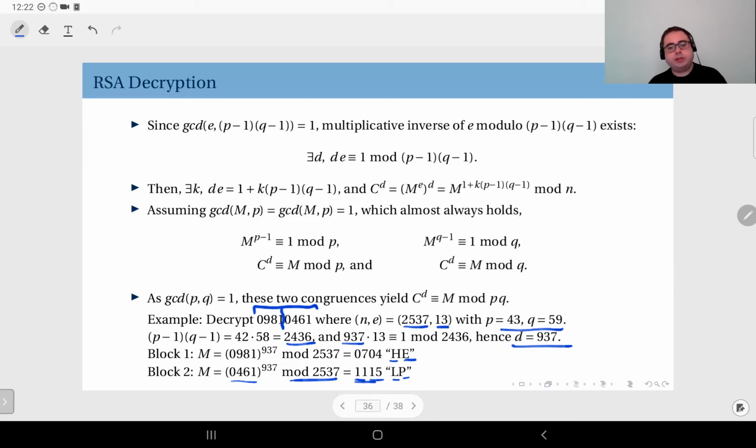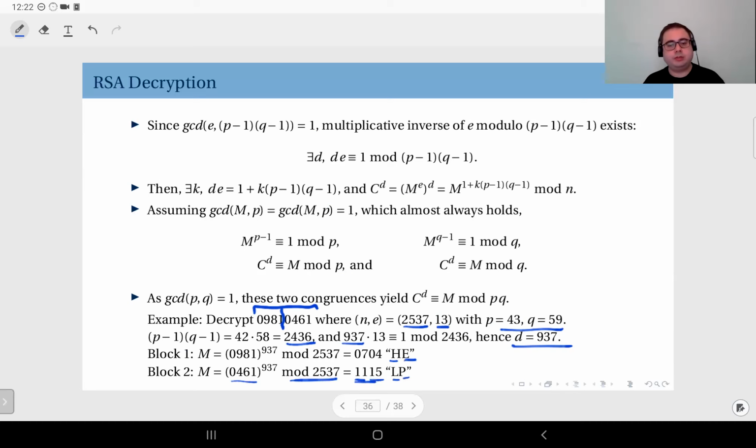Now, it looks like we have decrypted this quite easily. So what is the point of this? The point here is you announce N and E, but obviously you do not announce P and Q, and obviously not D. So some other third party only knows the N value and the E value.